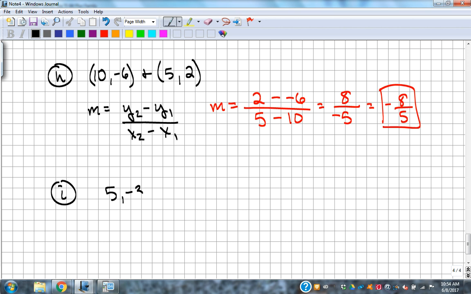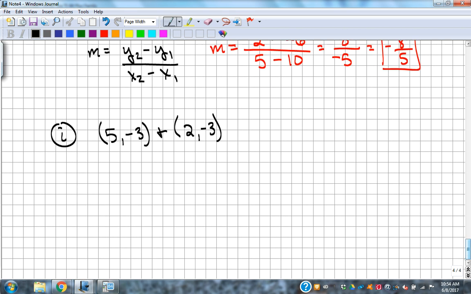Let's do (5, -3) and (2, -3). Okay. So again, set it up with the slope formula.